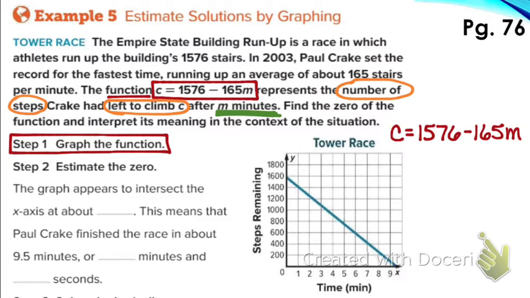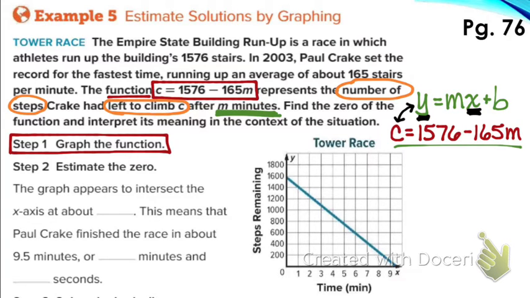When I look at their equation right here, it reminds me a lot of slope-intercept form. What are the two variables we use in slope-intercept form? It's y and what? My variables are x and y. What are the variables that they used here? They didn't use x and y. They used c and m.